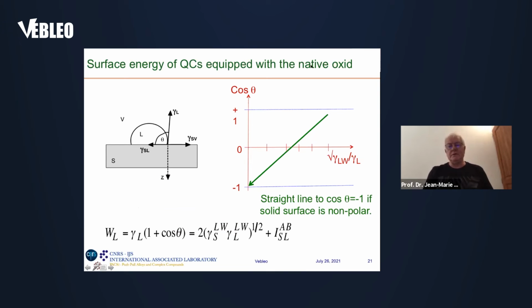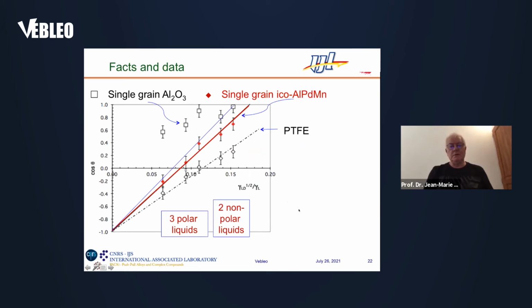And if the surface has a polar component, which is important in wetting, then of course the data points will come above this straight line. So this experiment was done using 5 different liquids. This one is water, the other ones, the names are too difficult to pronounce with my French accent, so I will not tell you, but these 2 are apolar liquids and these 3 are polar liquids. And with Teflon, which is a well-known apolar solid, you see indeed a straight line that extrapolates to -1.